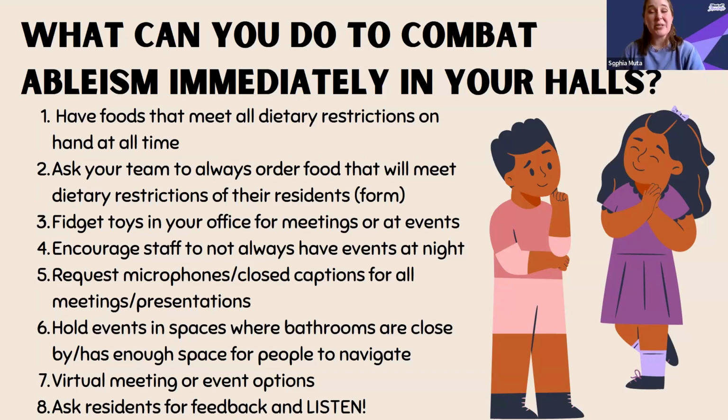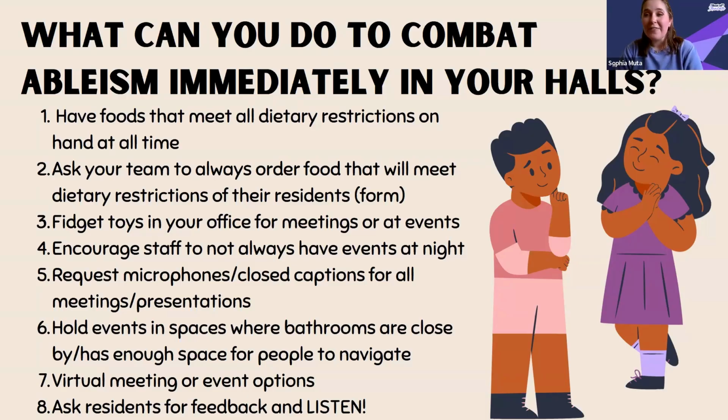Or ask your team to always order food that will meet the dietary restrictions of their residents. My students, my house fellows, will send out a form at the beginning of the year to figure out which residents on their floor have different needs and how they can support those needs.